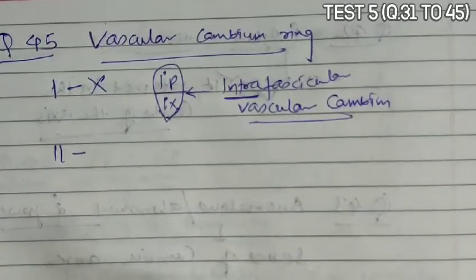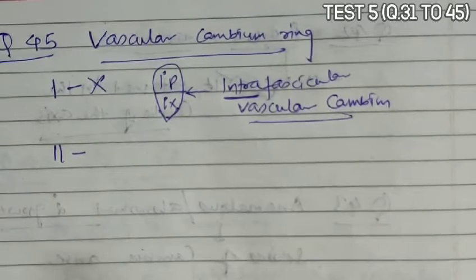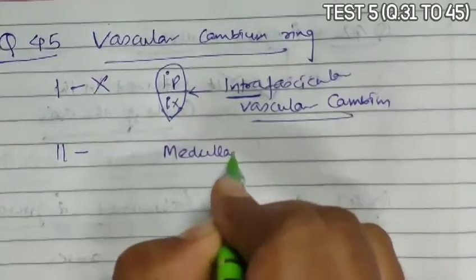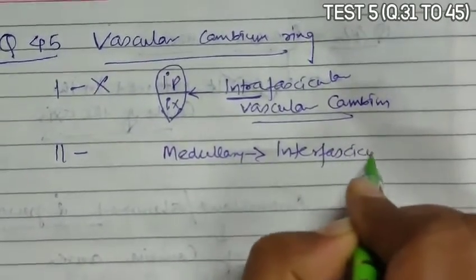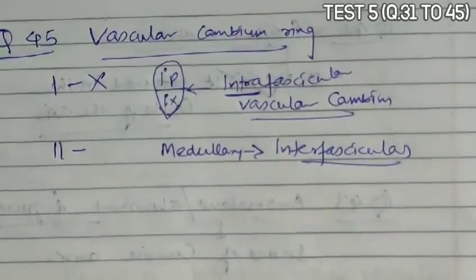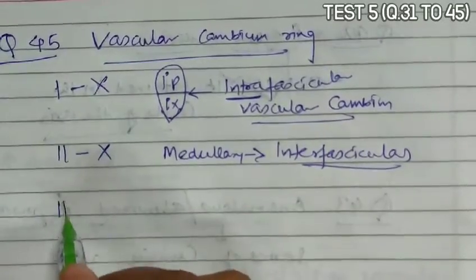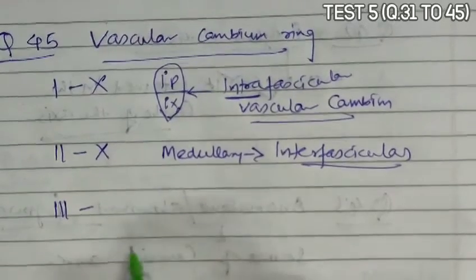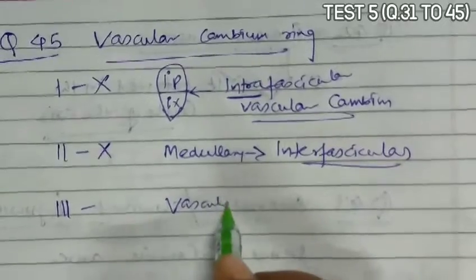Statement 2 says that along with interfascicular vascular cambium, some medullary rays become active and form intrafascicular cambium. This is incorrect. Medullary rays become active and form interfascicular vascular cambium, not intra. Statement 3 says both interfascicular and intrafascicular cambium join together and form a vascular cambium ring.